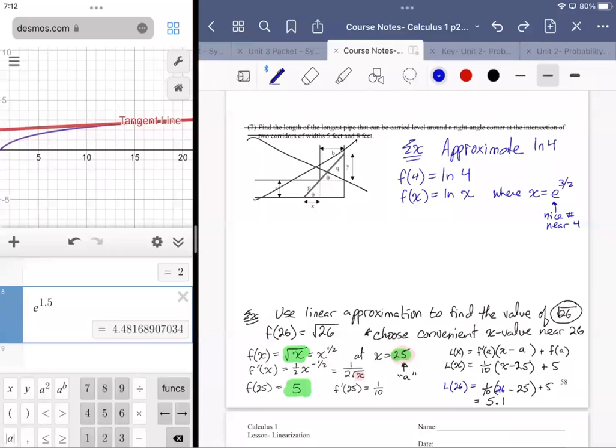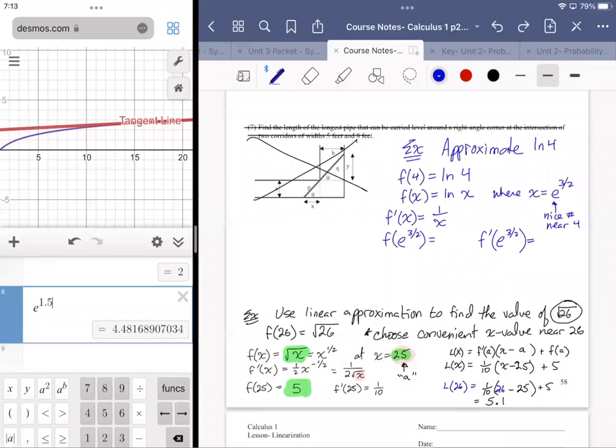All right, so then we get into the derivative process. f prime of x is 1 over x. So then I would need f of e to the 3/2 and f prime of e to the 3/2. So we're coming up with the tangent line equation, right? One of these gives us the y value that goes along with the x that we just decided on.